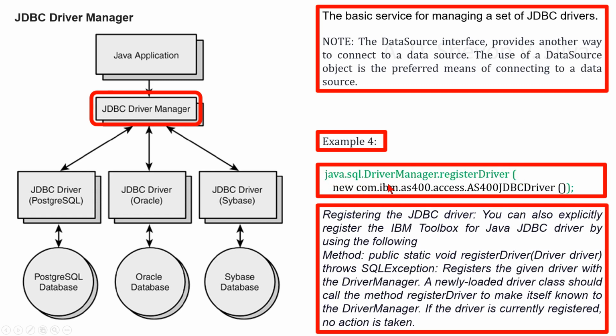As an example 4, we can consider this code segment, registering the JDBC driver. You can explicitly register the IBM Toolbox for Java JDBC driver by using the following. The method public static void registerDriver throws SQLException, and registers the given driver with the DriverManager.